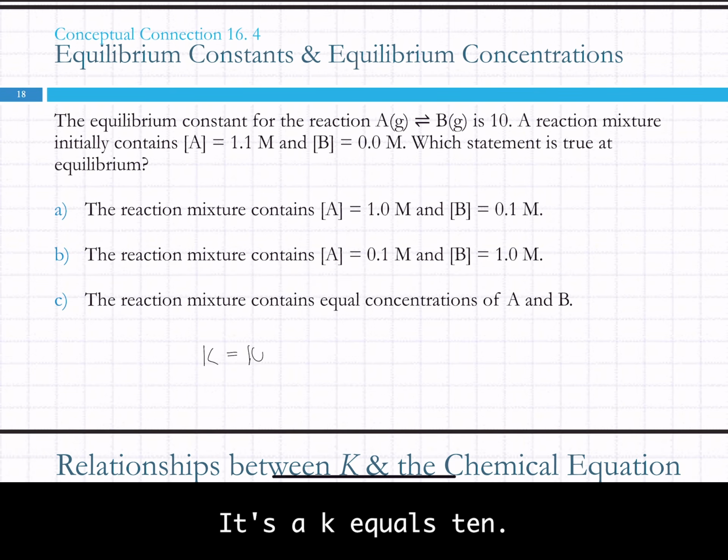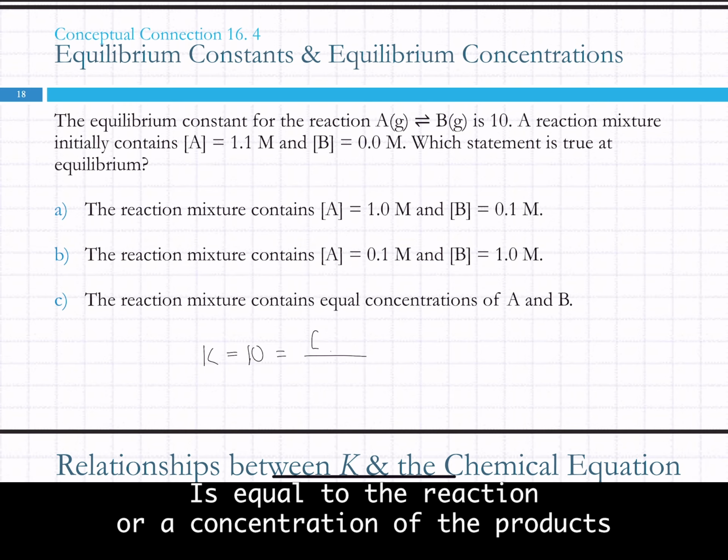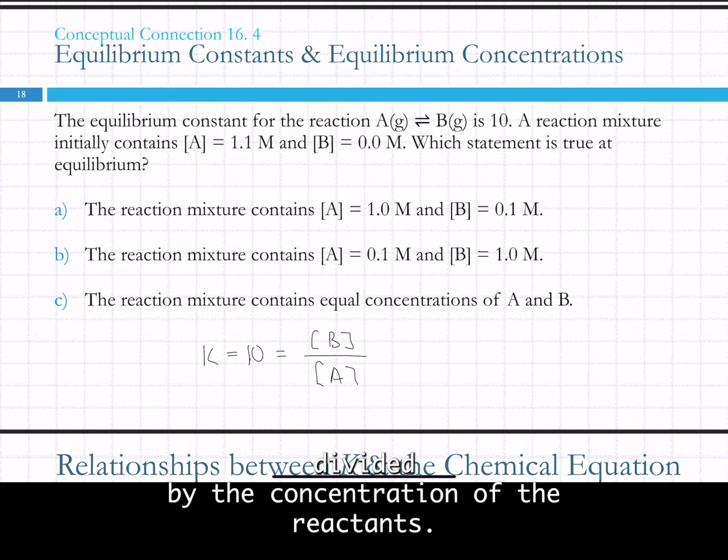K equals 10, which is equal to the concentration of the products divided by the concentration of the reactants.